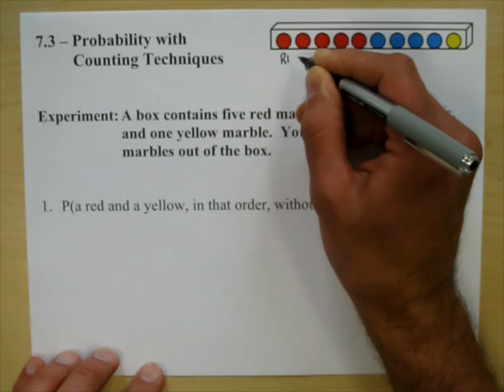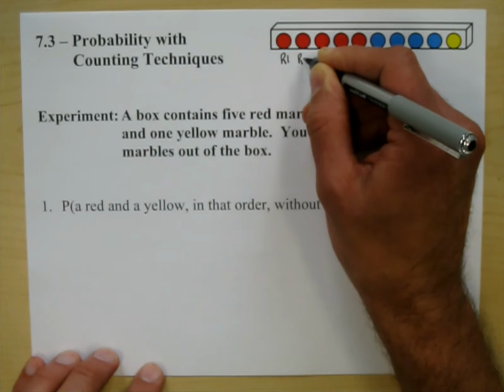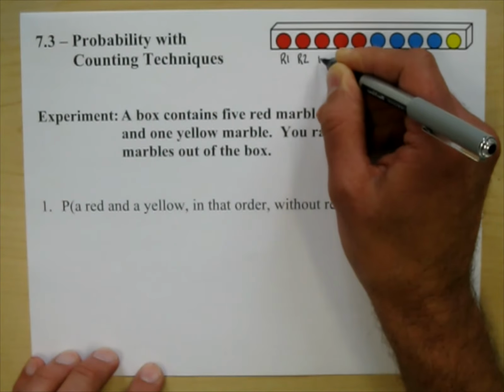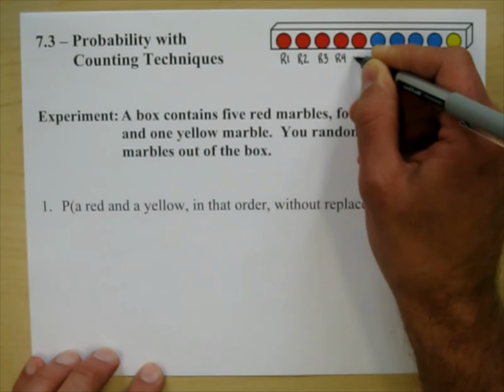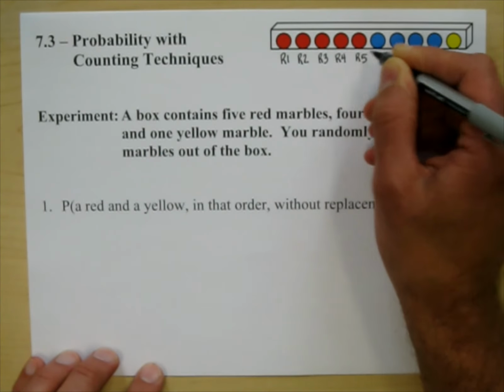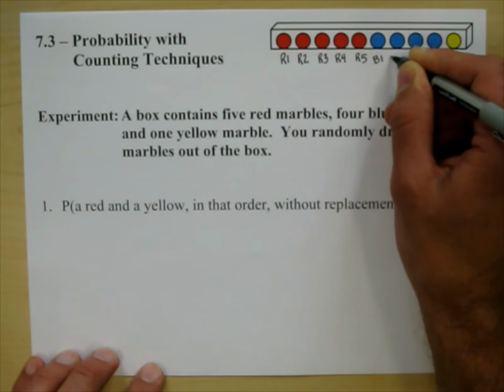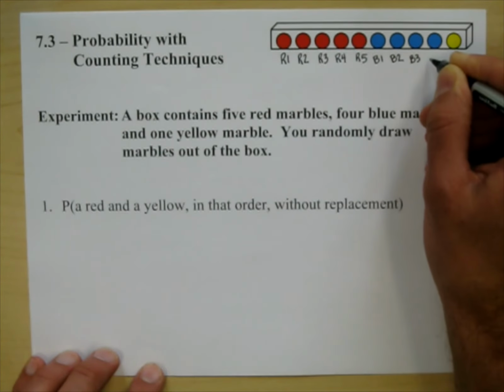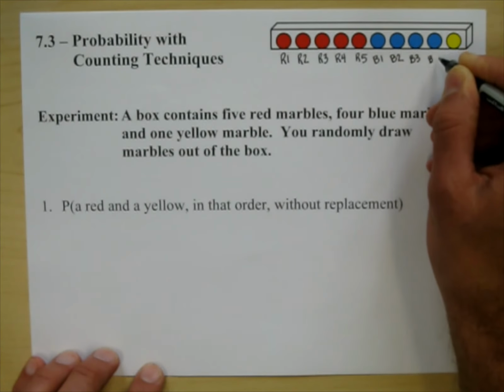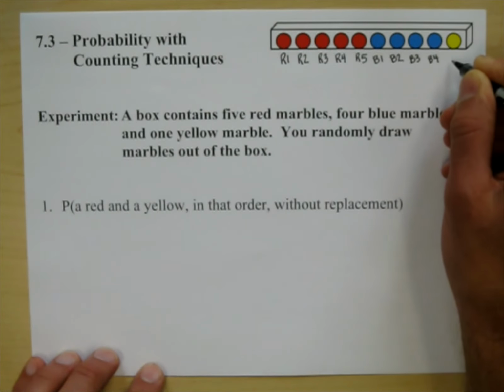So it's going to be a little bit more complicated, and suppose we call the first marble red 1 and the second marble red 2, red 3, red 4, red 5, blue 1, blue 2, blue 3, blue 4, and then this one we'll just call yellow.